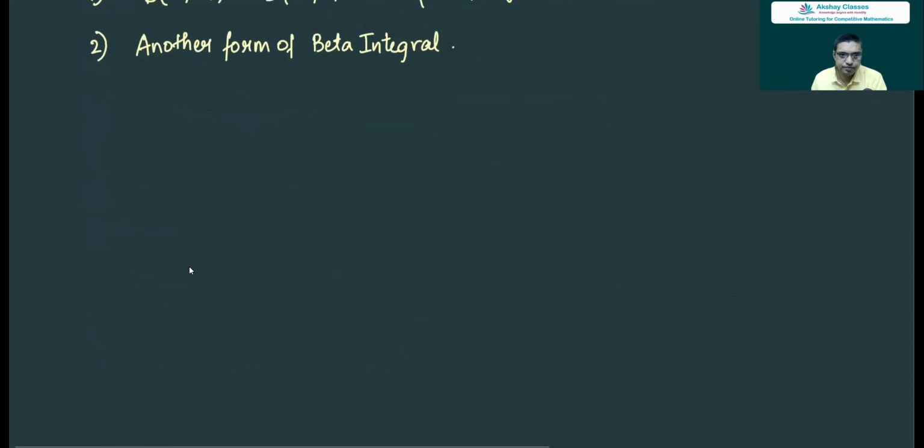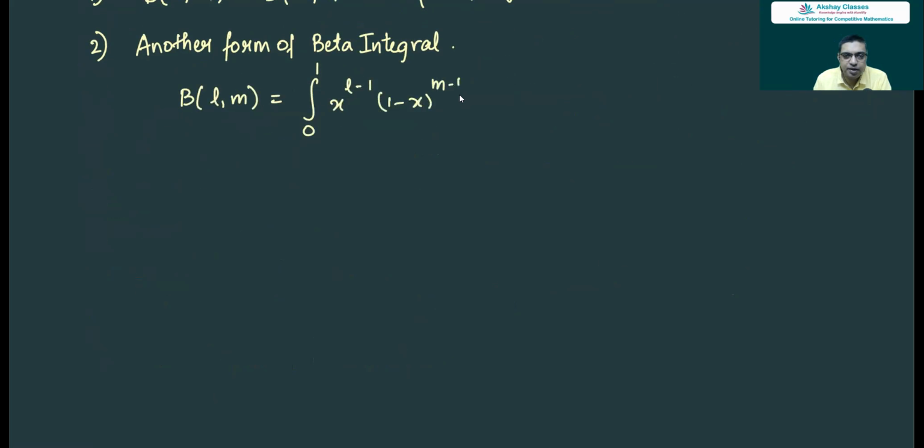So now we have, what is beta function? Beta of L comma M is the integral from 0 to 1 of x to the power L minus 1 times 1 minus x to the power M minus 1 dx. Okay, substitute x equal to sine square theta.